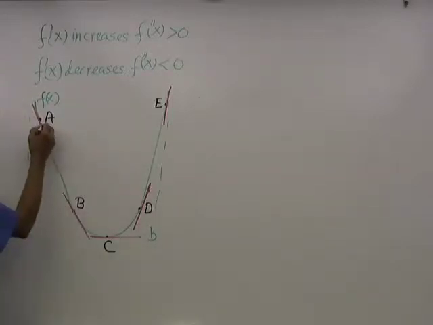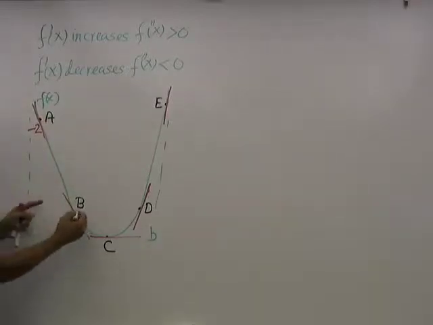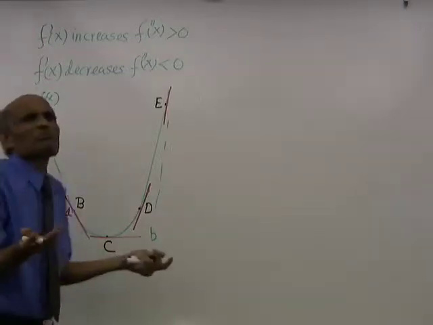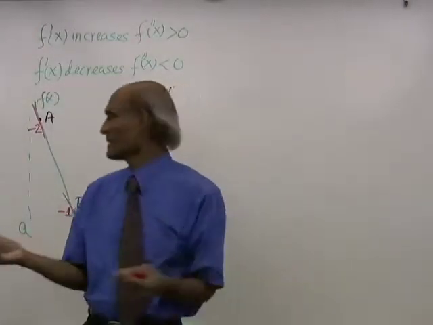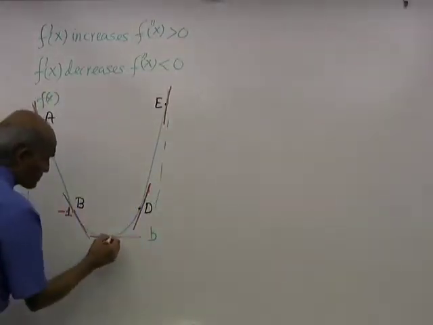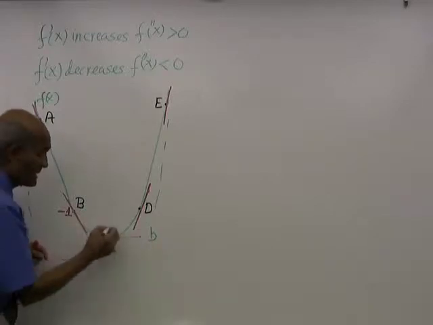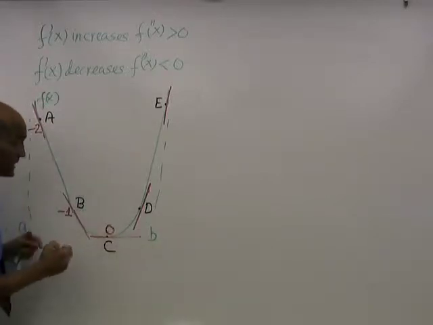So I'm going to say the slope of the tangent line is about -2. And at B, it's about -1. Well, approximately. And the slope of the tangent line at C is, all right, I thought I heard you saying 0, yes.